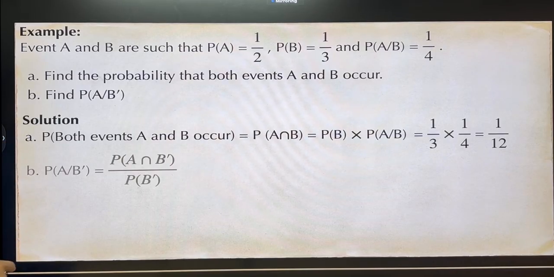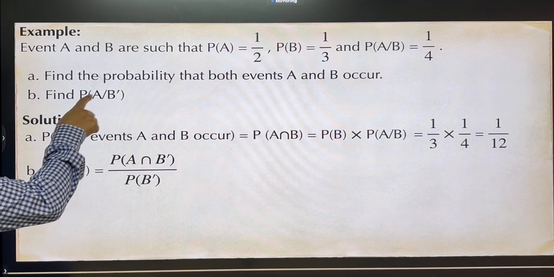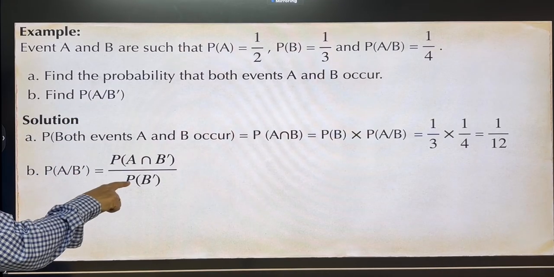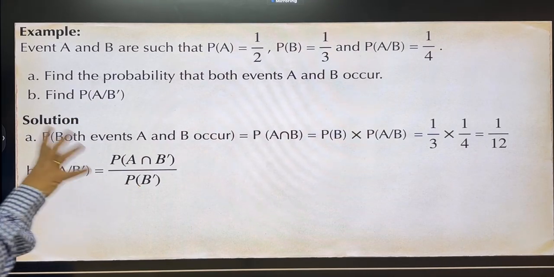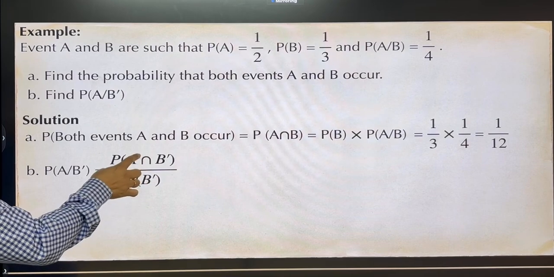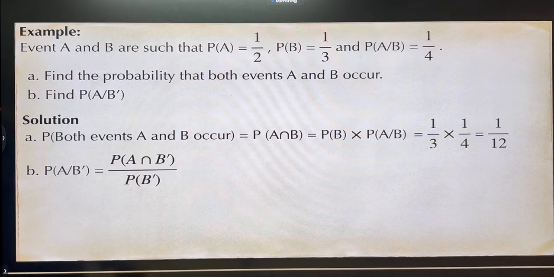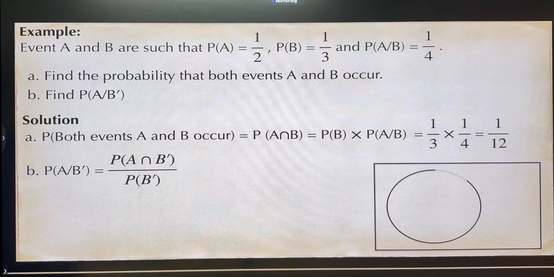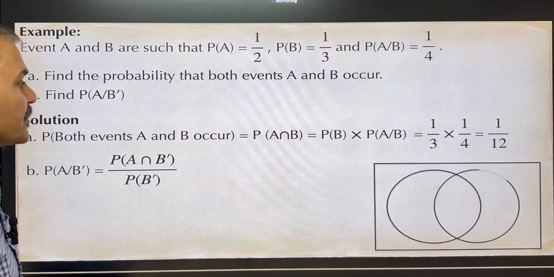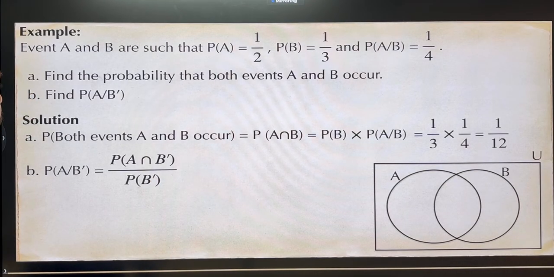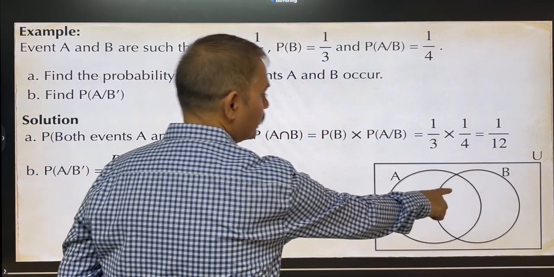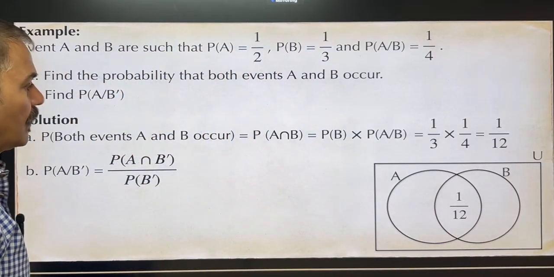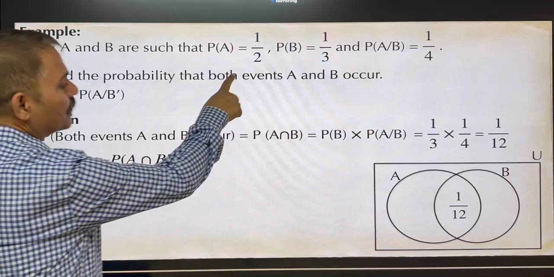Now for part b, I suggest we draw a Venn diagram. For A given B prime, B prime will become your sample space, and on top comes the intersection of these two. So have a look at this Venn diagram. Let's say this is your universal set, set A, set B, and we start filling in from here. This will be 1 by 12. A is given as 1 upon 2.